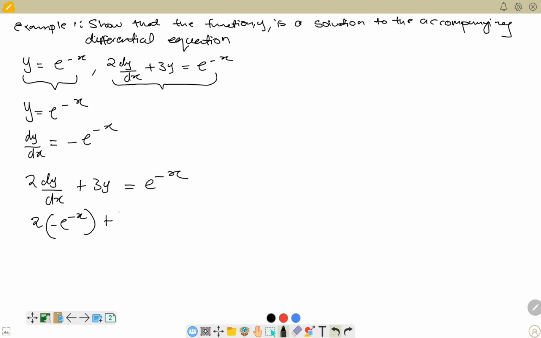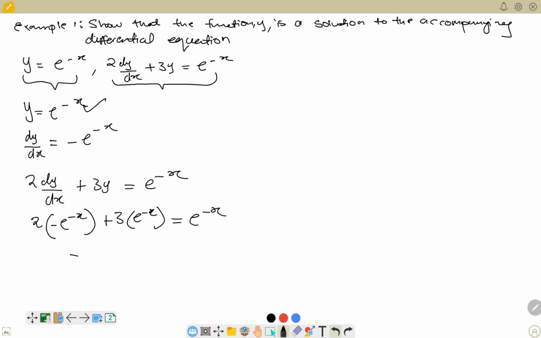And then we will replace y with this value here, and then we will equate to this. So if the left hand side is equal to the right hand side, we will definitely say that the function y is a solution to the differential equation.